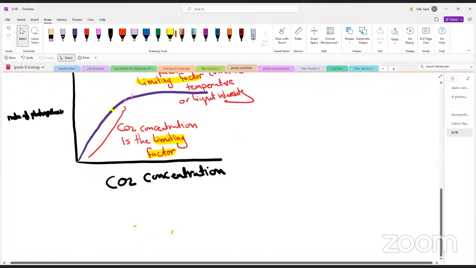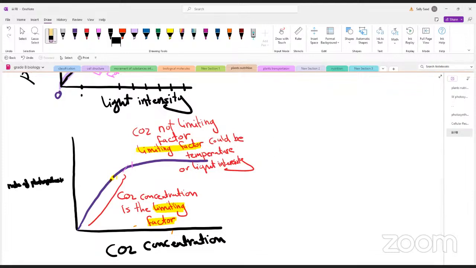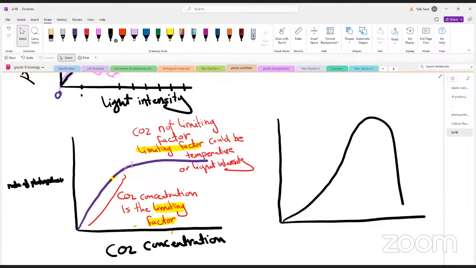Here I will also sketch the relationship. Here, temperature.